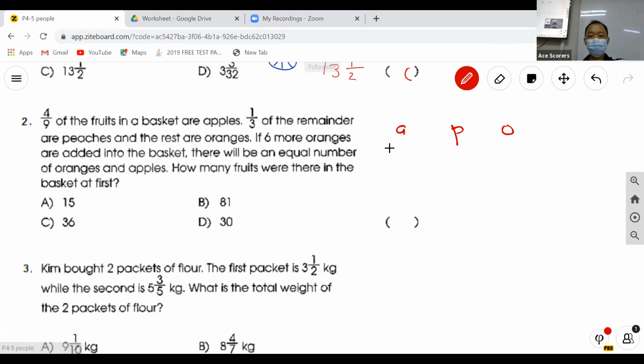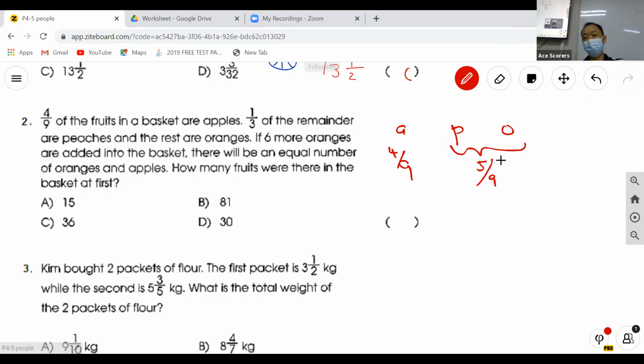Now the rest, 1/3 of the remainder. What's the remainder? The remainder is 5 out of 9. So 1/3 of these are peaches and the rest are oranges.